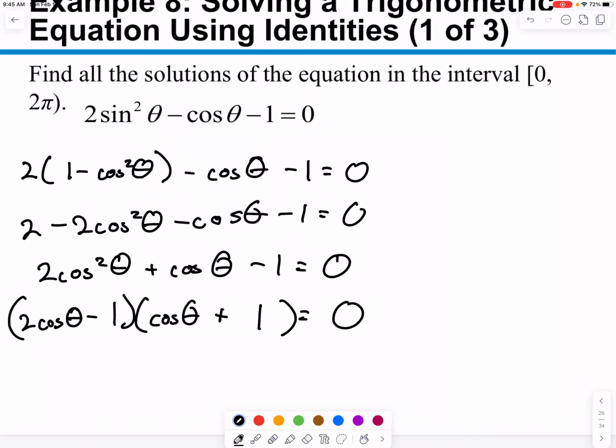Okay. So then from here, cosine of theta equals a half, or cosine of theta equals negative 1, pi over 2.